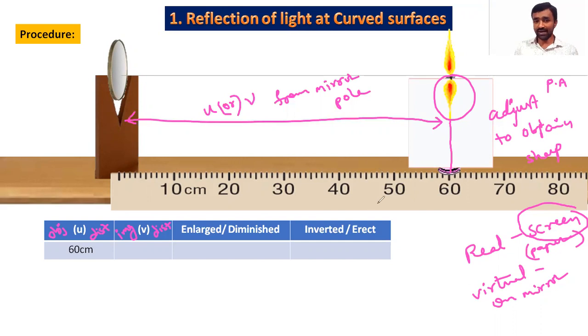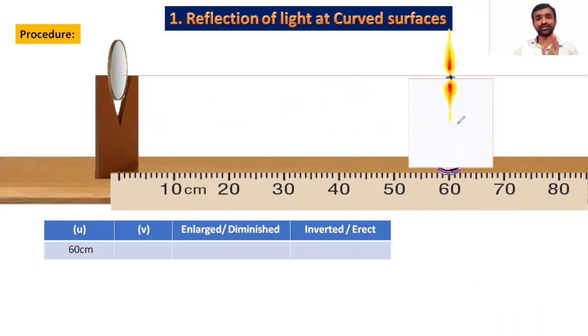Then you have already identified the object distance, image distance, and the type of image. What is the type of image here? Real. Then what about the facing side? How is it faced? The same way as the object, or opposite to the object? Opposite.